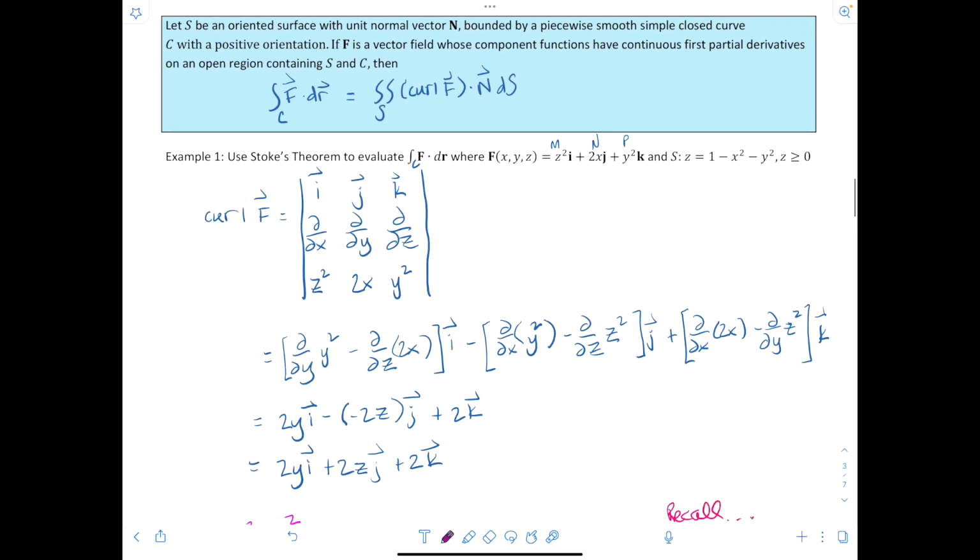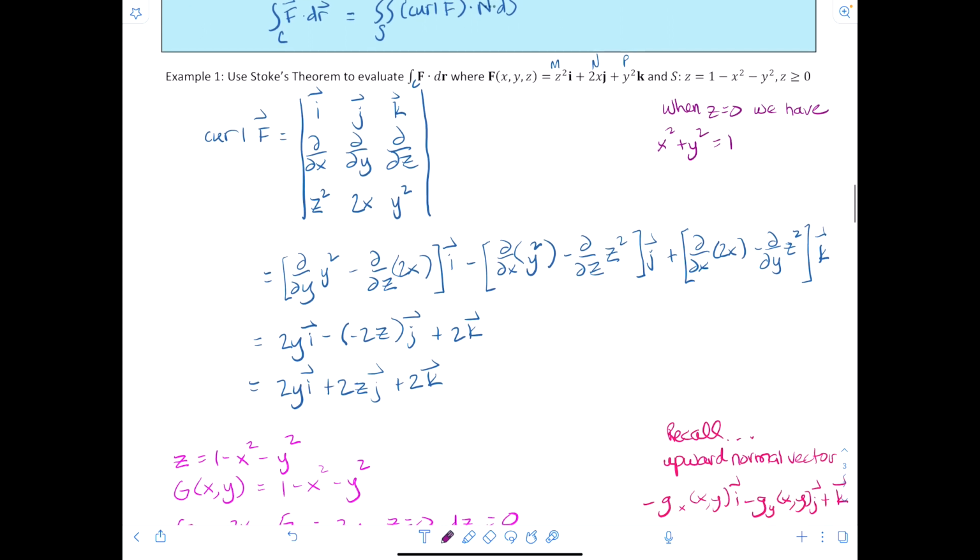Because when z is 0, so the base, we have x squared plus y squared is 1. And we know z is between 0 and 9 inclusive, all right?